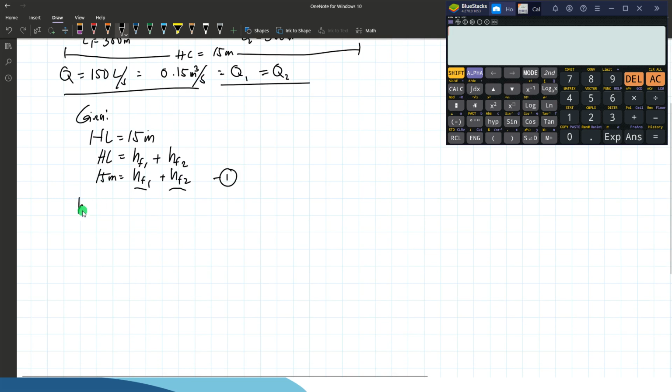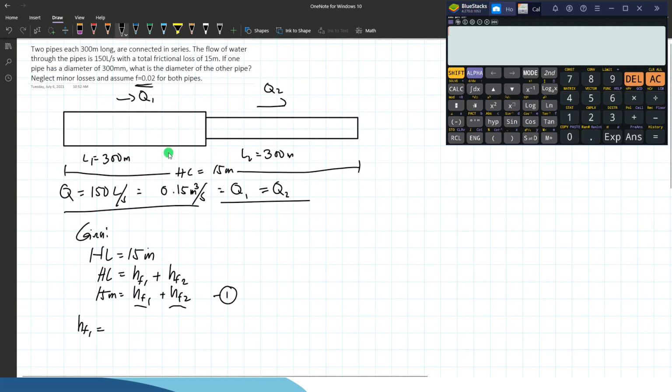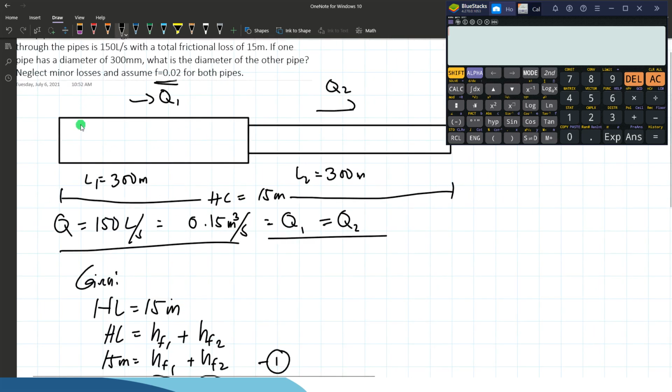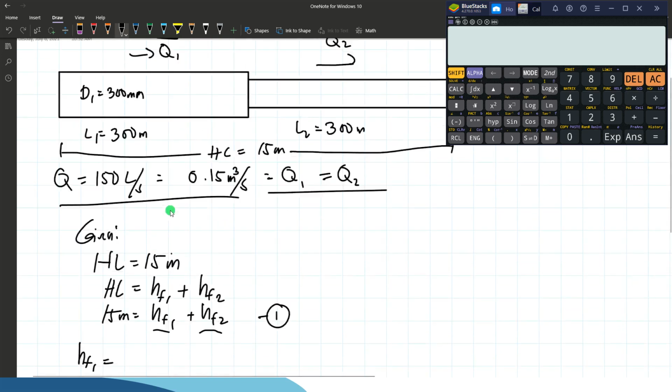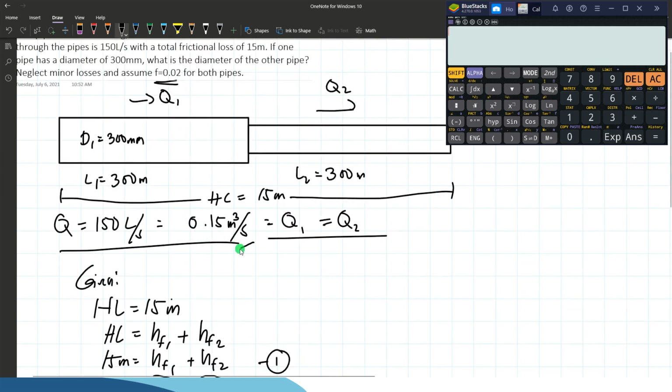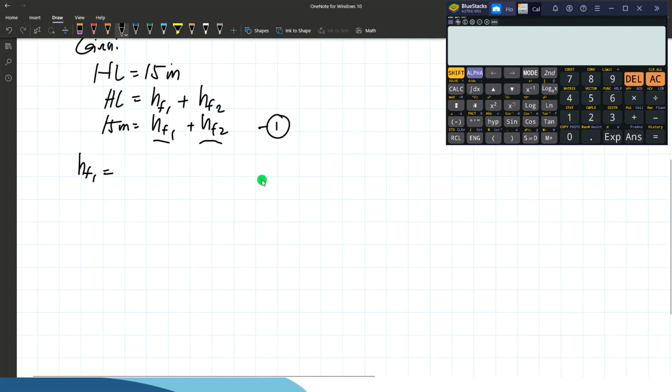Using Darcy-Weisbach, considering the first pipe, we have a given length, also a diameter of 300 mm, and a given discharge Q. We can use the formula HF is equal to 0.0826 FLQ squared over D raised to 5. This is in SI units.